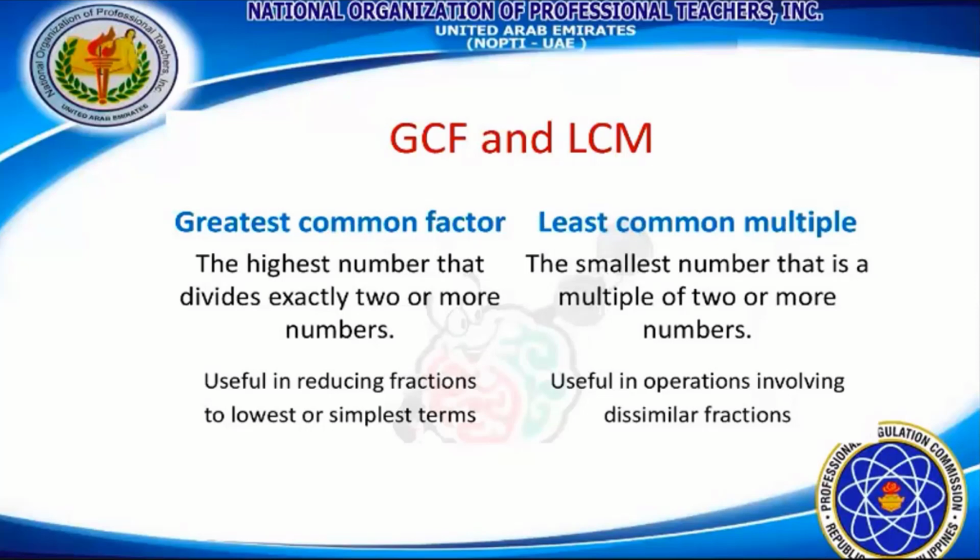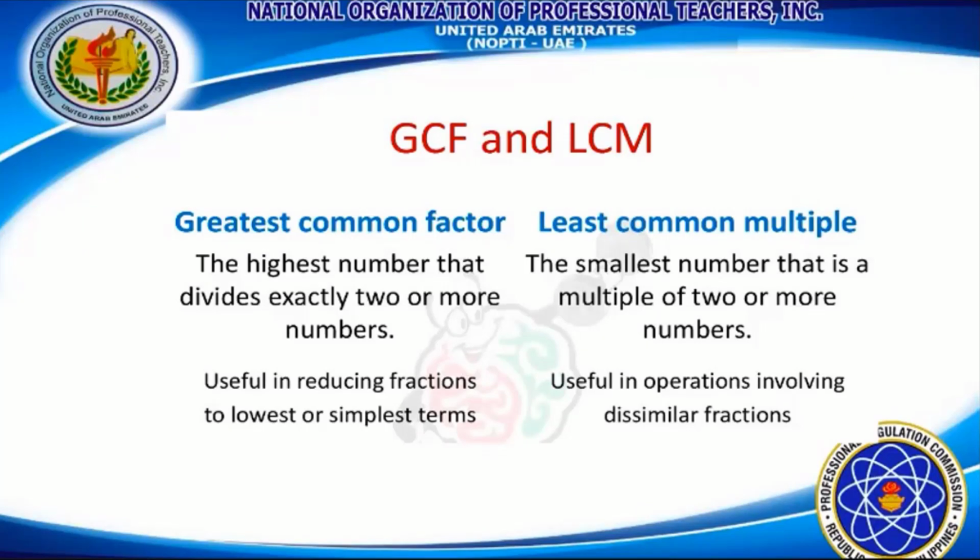So this is the highest number that divides exactly two or more numbers, ang GCF. Ang least common multiple naman is the smallest number that is a multiple of two or more numbers. Okay? Ito ay very useful in operations involving dissimilar fractions.